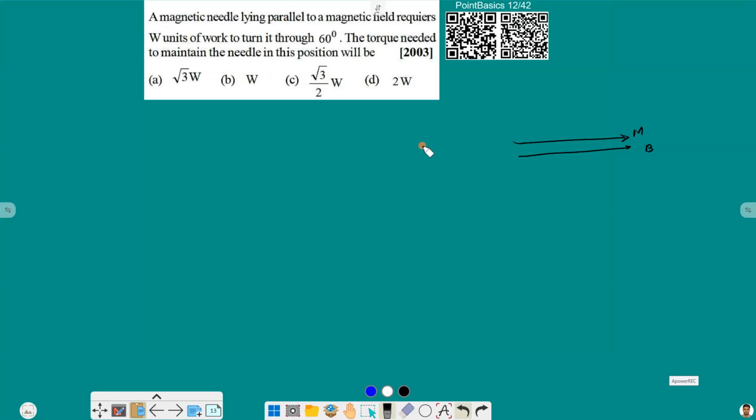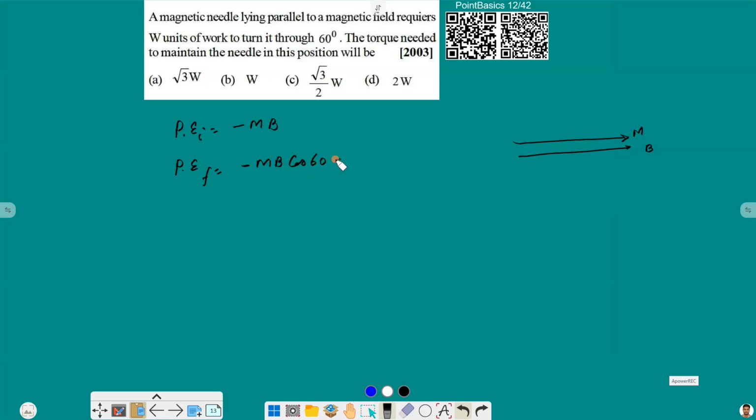So the initial angle theta is 0, so the initial potential energy will be minus MB cos 0, and cos 0 is 1. Now, if we rotate it through 60 degrees, then the magnetic moment will also rotate by 60 degrees, or the angle between M and B becomes 60 degrees. So the final potential energy will be minus MB cos 60.